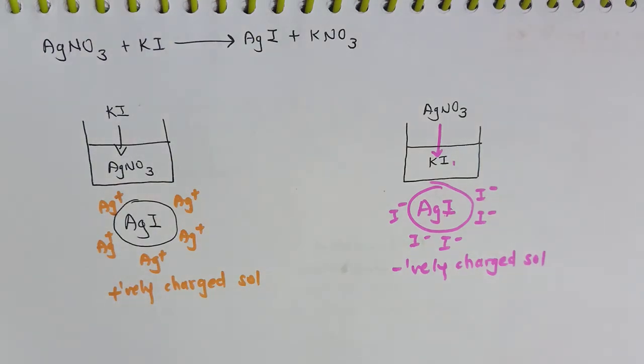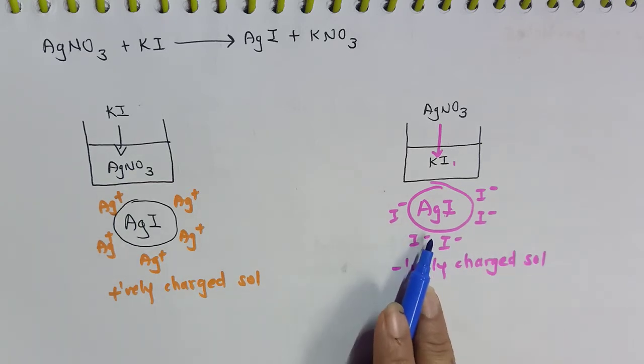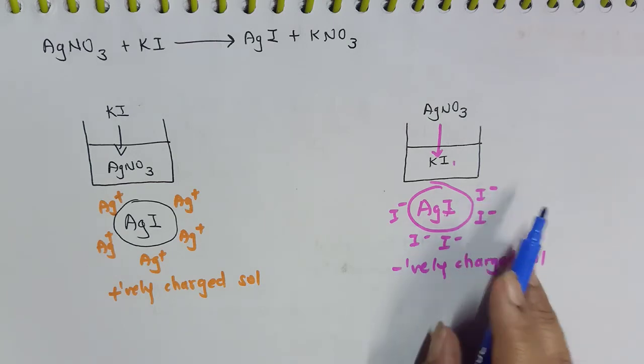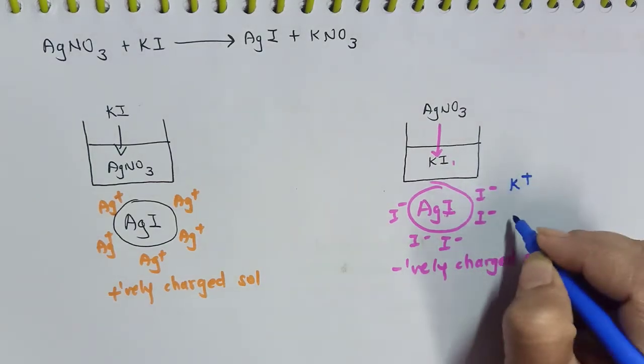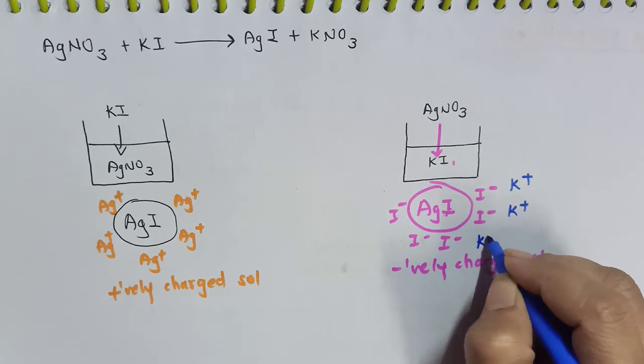Now since a layer of charged particles is adsorbed on the precipitate, it will try to attract the oppositely charged ion from the solution. For example, in this case where iodide is adsorbed, it will try to attract potassium ion.